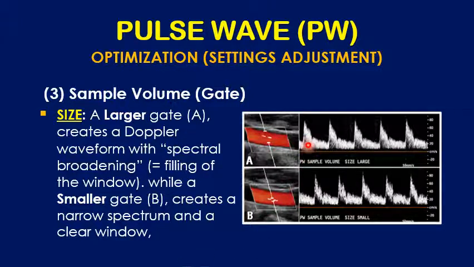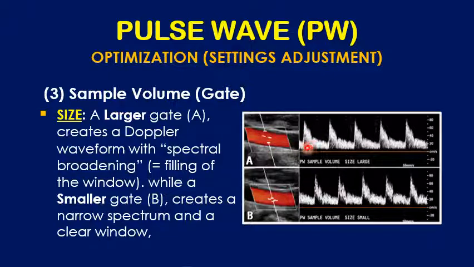This is the window. It has some filling, some flow here. Why? Because the big sample volume is tracing a big range of velocities. So you see here, slower velocities in the periphery and faster velocities in the center, both are traced, and that's why I get some spectral broadening here.